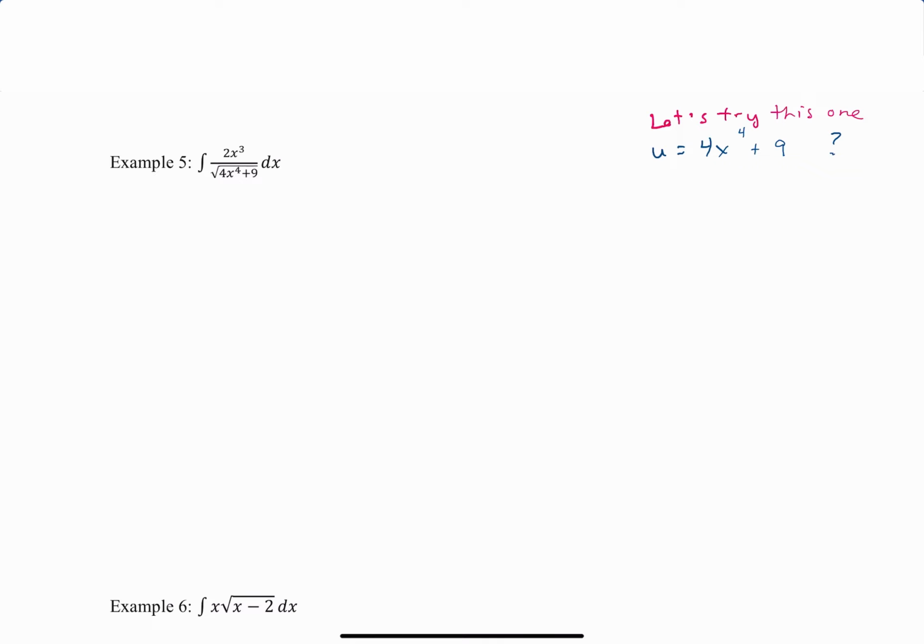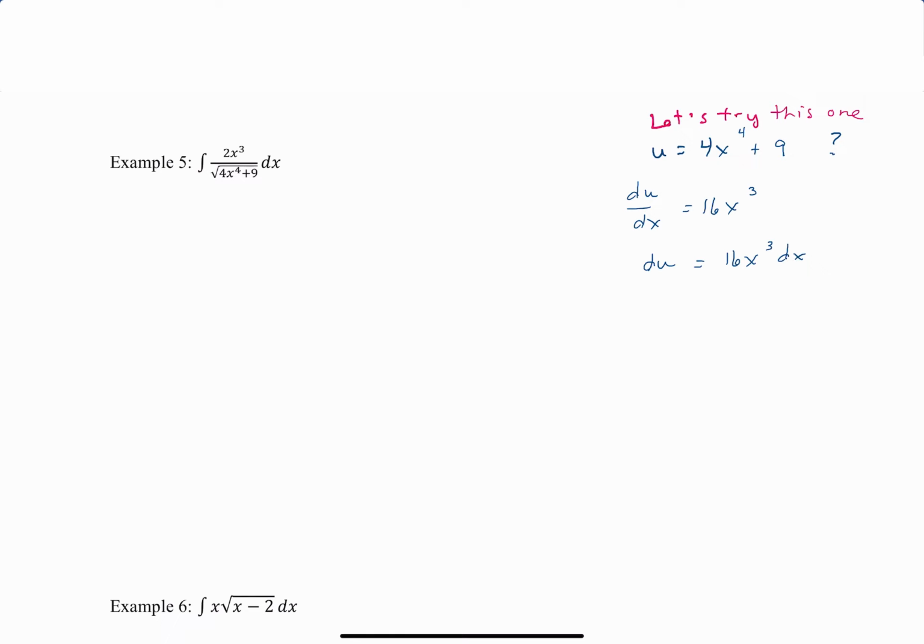Back to our u. du dx would be 16x cubed. So multiplying both sides by dx gives du equals 16x cubed dx.